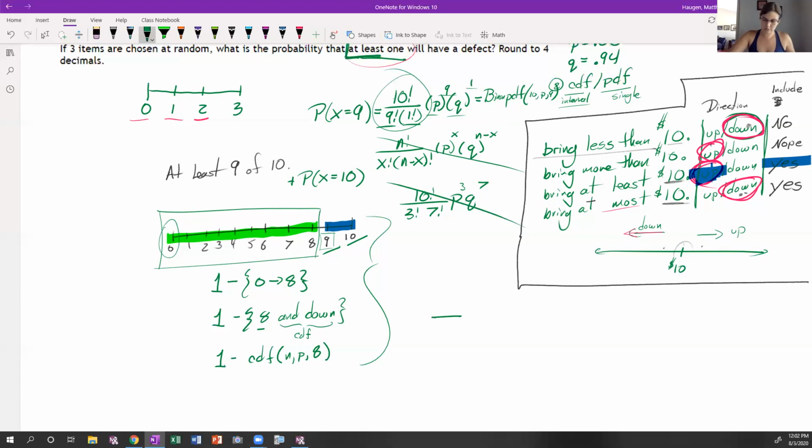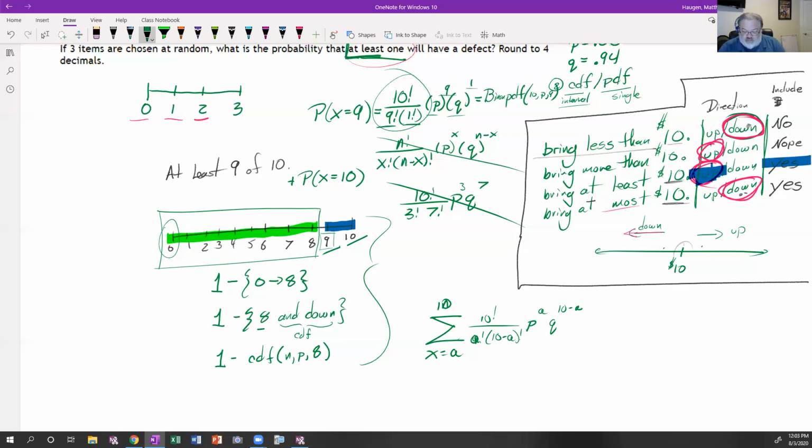So the CDF is essentially a sum as X goes from wherever you start to N of, you know, 10 factorial. This is probably overkill, but that's okay. P to the A, Q to the N minus A. So N is 10 for this particular question.